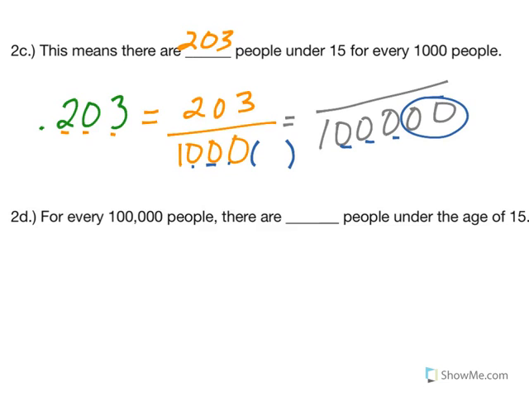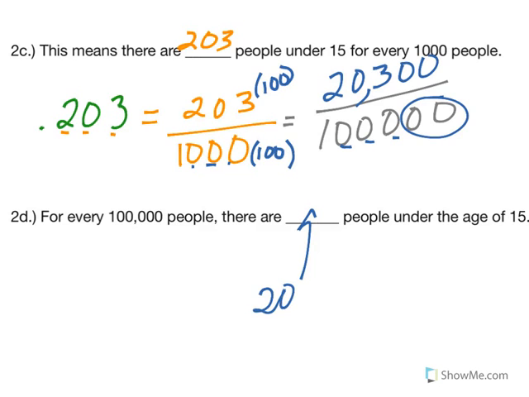Notice I have 2 extras. So I need to multiply by 100 to give me those 2 extra zeros. So if I multiply the top by 100, I'll have 20,300. So for every 100,000 people, there are 20,300 of them under the age of 15. So it's all in proportion depending on how many people we have.